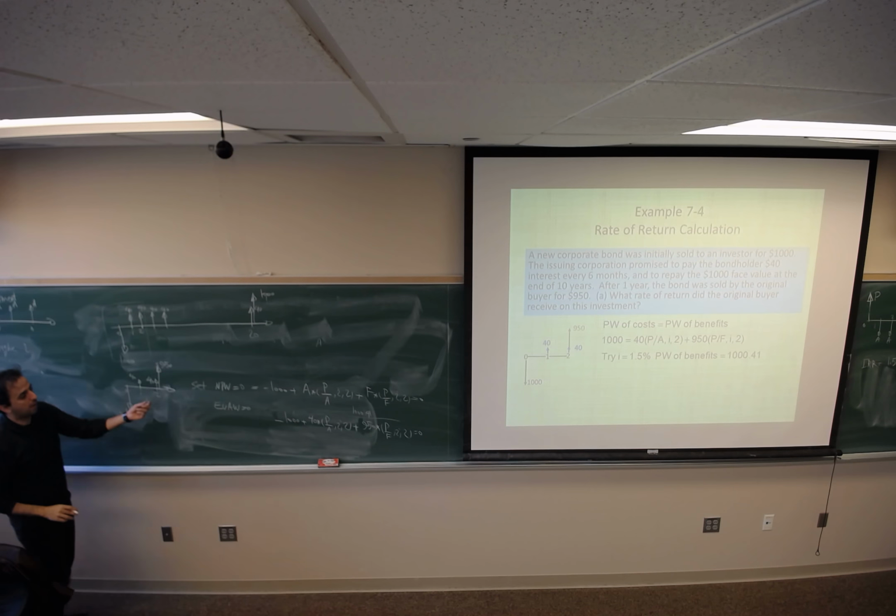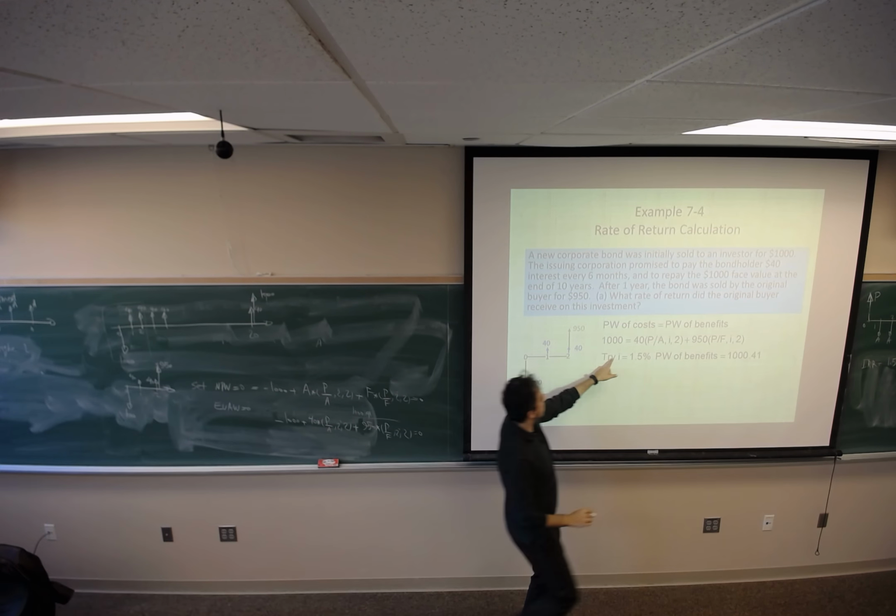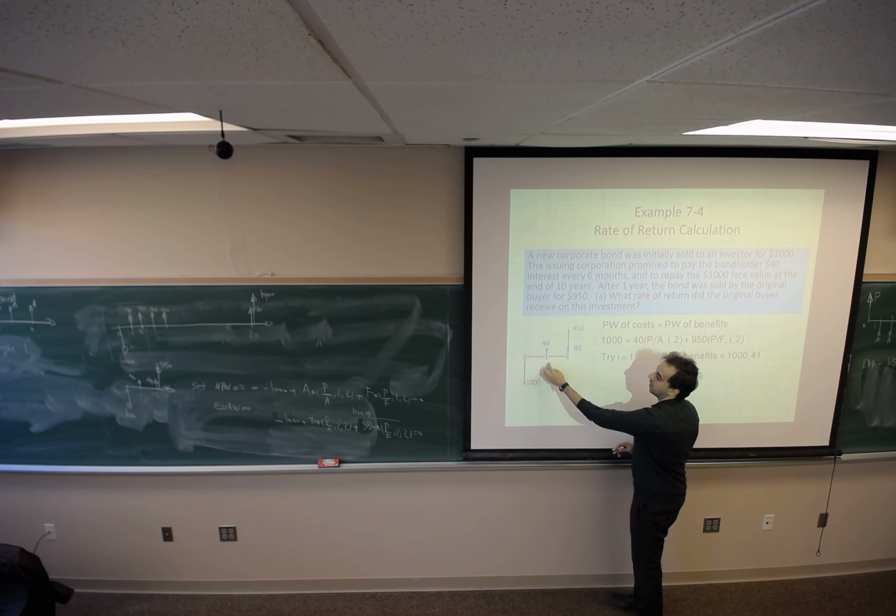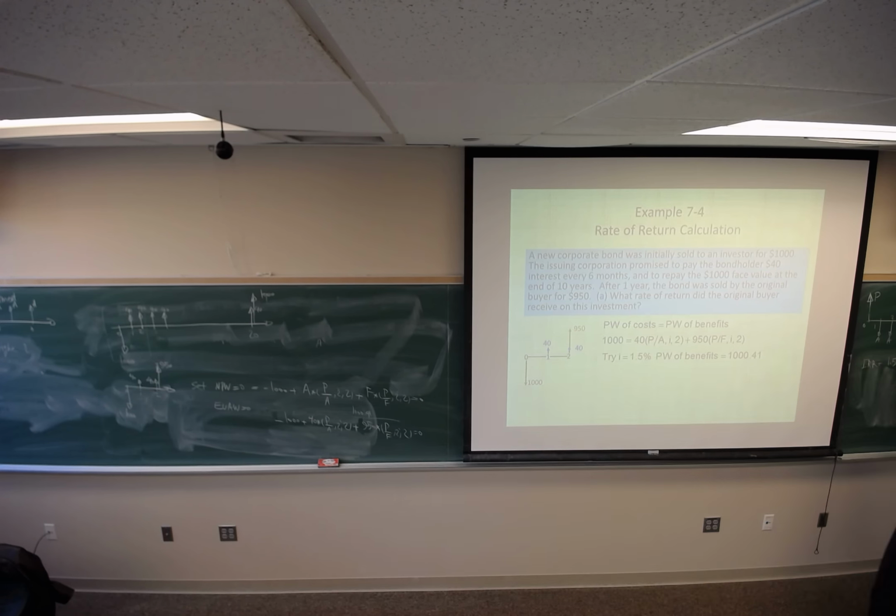But this I is per period of time, which is 6 months. If I multiply this by 2, 2 times 1.5, it's going to be 3%. This one is going to be the annual percentage rate, or nominal interest rate.